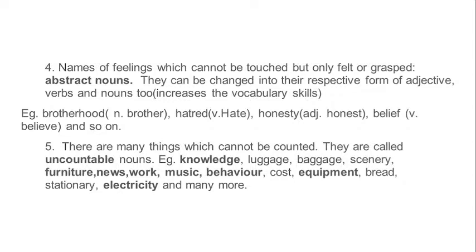Belief is the abstract noun. The act of believing is belief, having a belief. What are the synonyms? Faith, trust, anything, that is belief. And the act of having that belief is with a V, believe. So these are the ones.